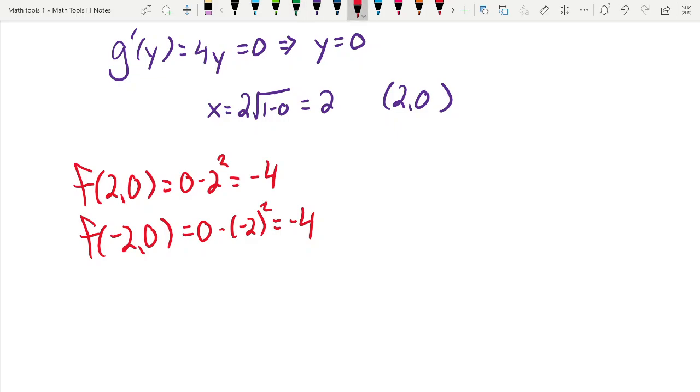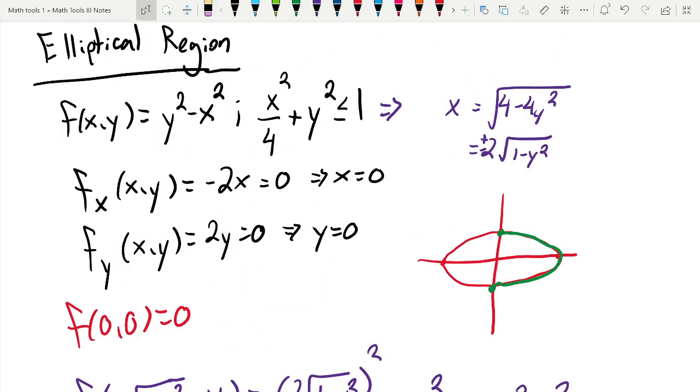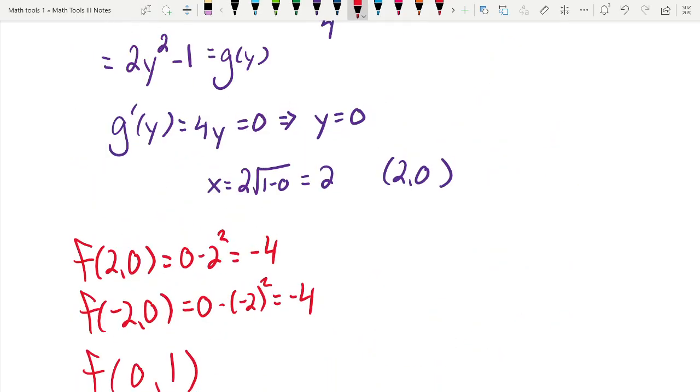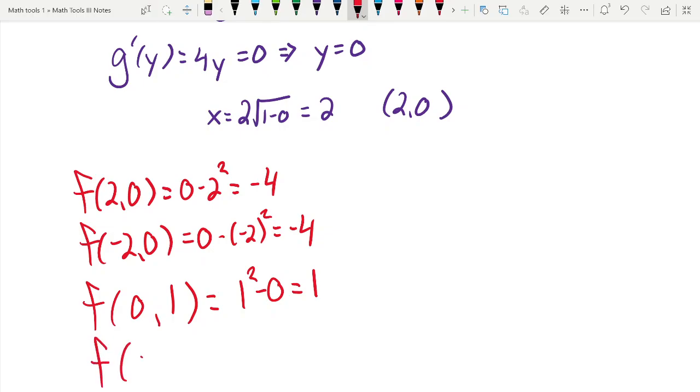So we'll go ahead and do that here. So when y equals 1, x is going to be 0, right? Just plug in 1 here. So (0, 1), that's going to be 1 squared minus 0, which is going to be 1. And then negative 1 is actually going to be the same thing. So negative 1 squared minus 0, so we still get 1.